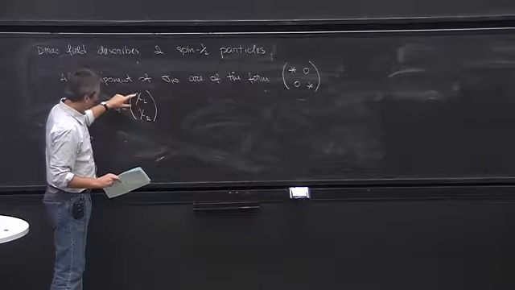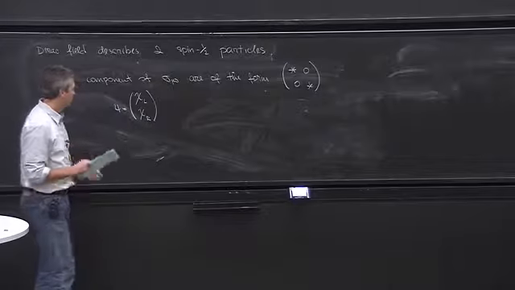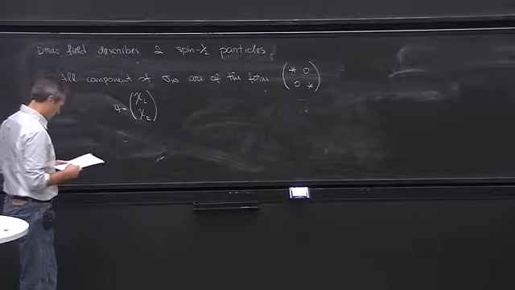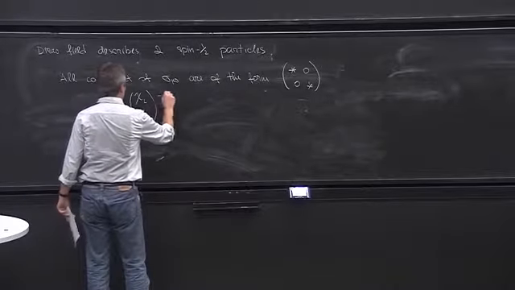So chi L will transform through itself, and chi R will transform through itself. So they transform independently.